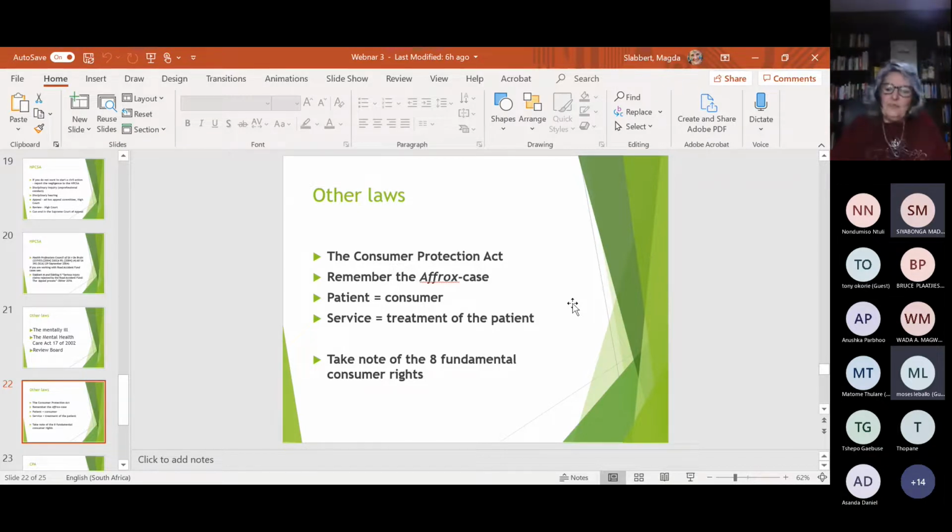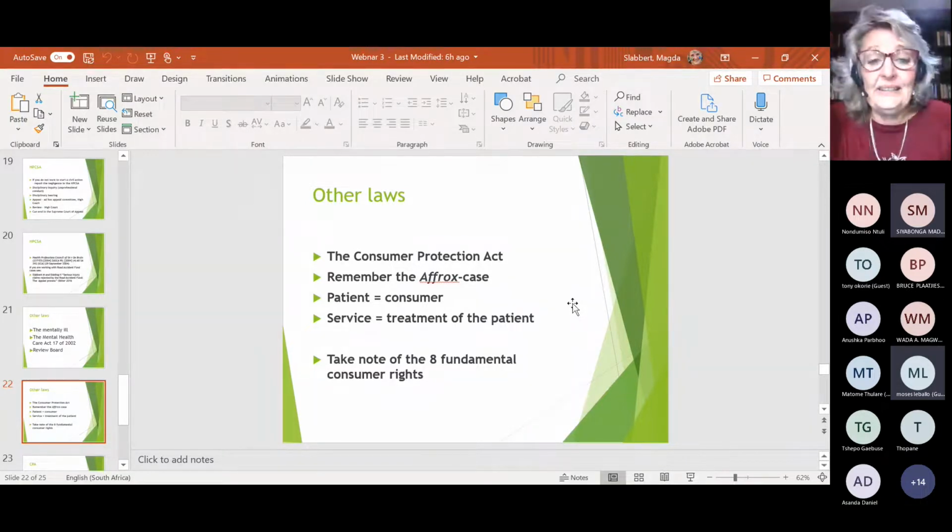So when you think about the Consumer Protection Act, you must always remember the Afrox case. Remember, I said to you, the Afrox case, unfortunately, is only reported in Afrikaans. But the bottom line of that case, if you Google it, you will get English summaries of it.